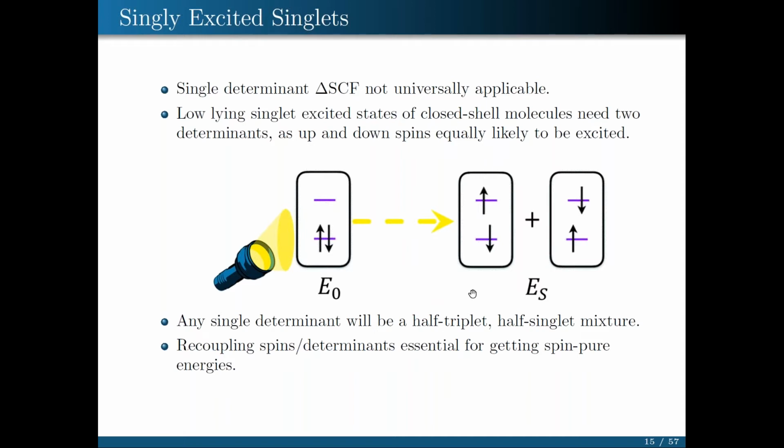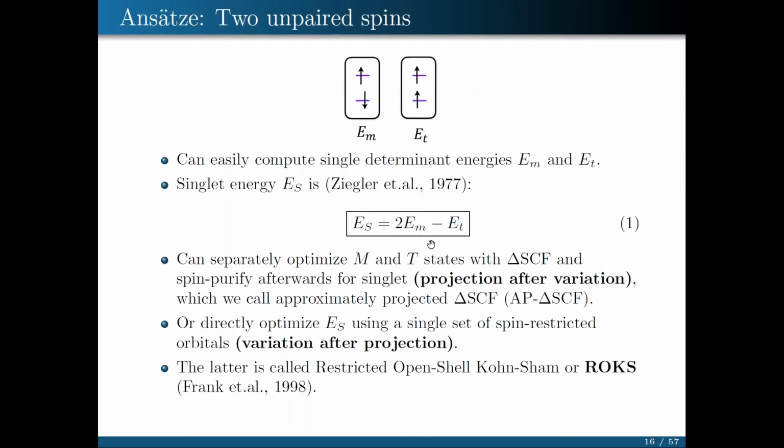Any single determinant of the two given on the right would be a half singlet, half triplet mixture. And we have to figure out a way to recombine these two determinants to obtain a spin pure energy. The way people have done it is that they have noted that it's quite easy to get the energy of this mixed Slater determinant that's halfway between singlet and triplet, and call that energy E_M.